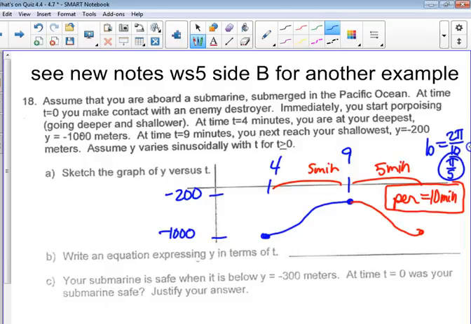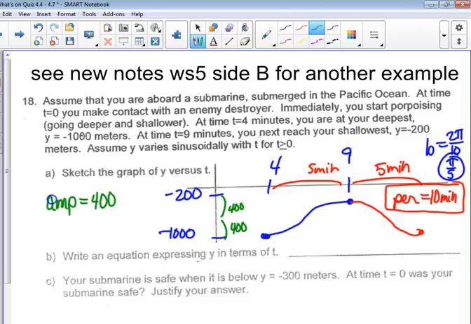Taisir, how do you find the amplitude? You divide something. What is the total distance here? So half of that would be, okay, so it's 400 below here and 400 above here. So the amplitude is 400.